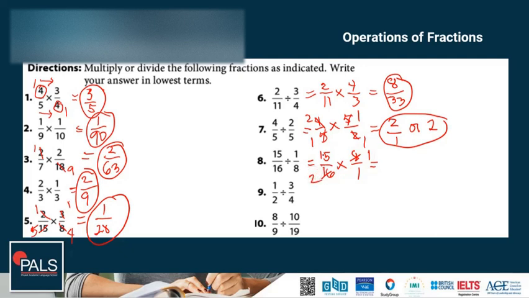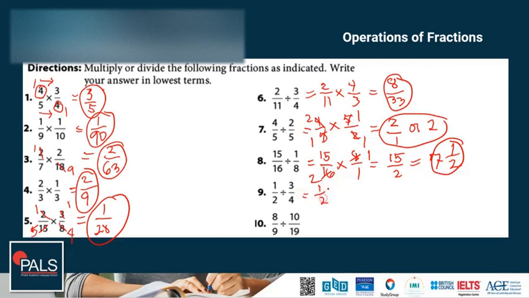So 15 times 1 is 15. 2 times 1 is 2. Then change the improper fraction to a mixed number. We have 7 and 1/2. So this is the answer.